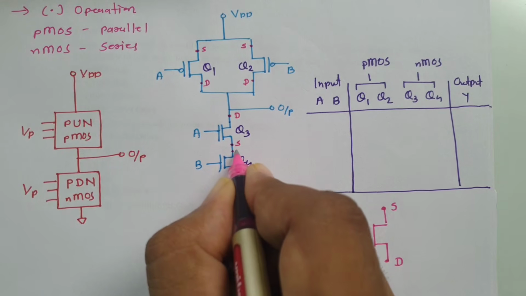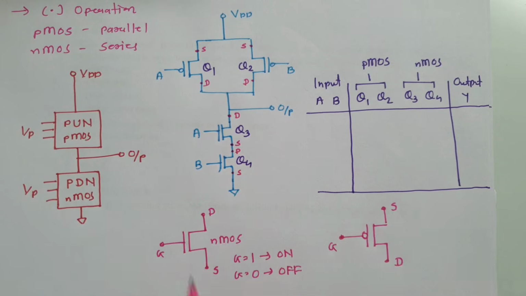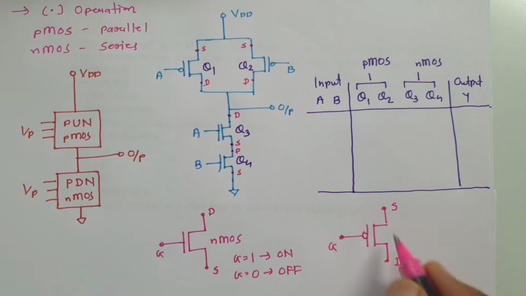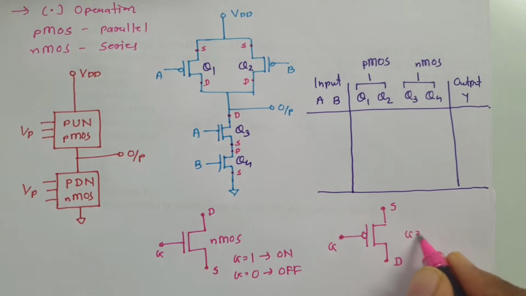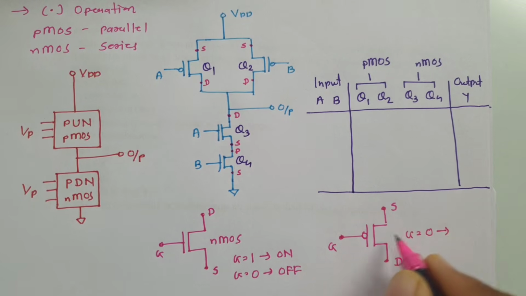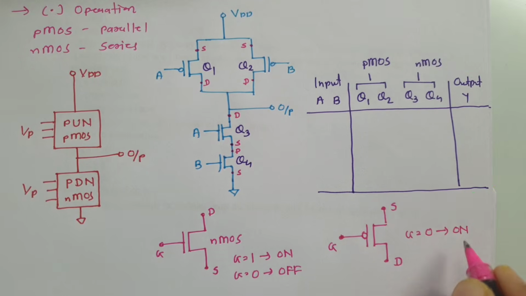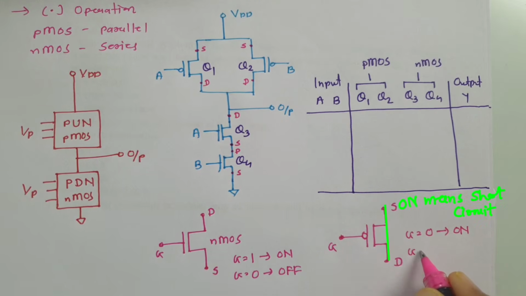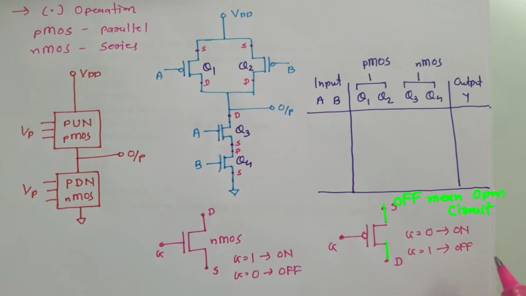With this Q4, this is drain and this is source. And in this PMOS, if gate is equal to logic 0, in that case this PMOS will be on, and if gate is equal to 1, in that case this PMOS will be off.